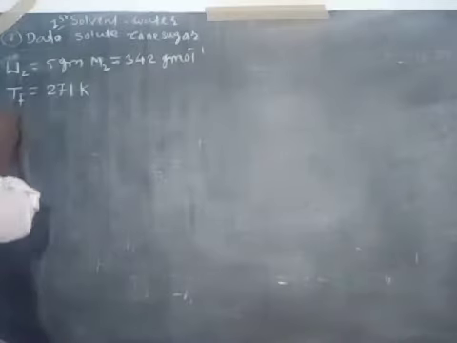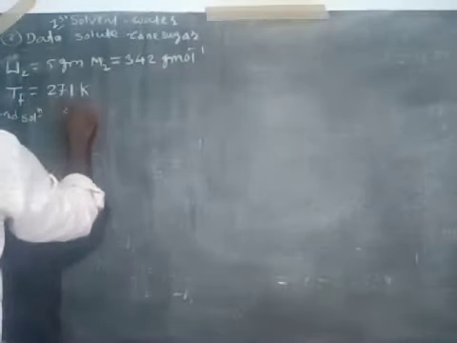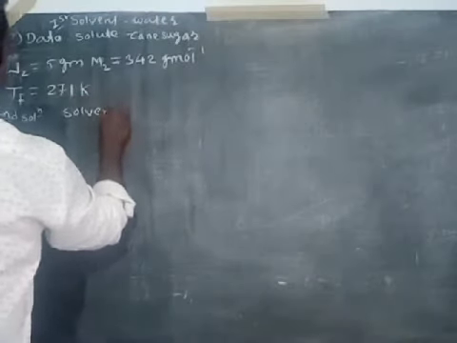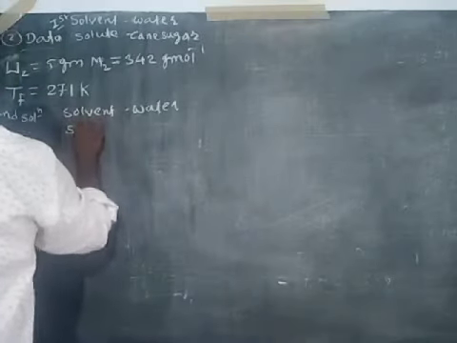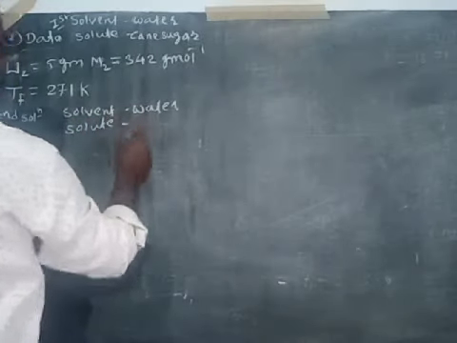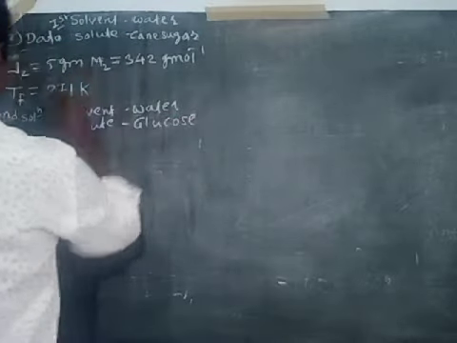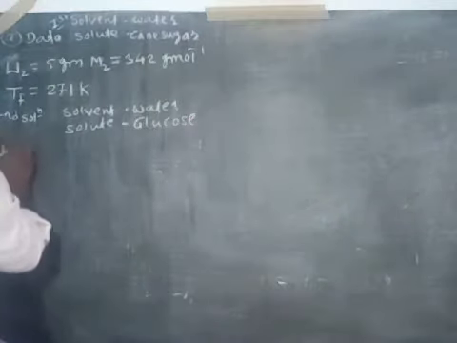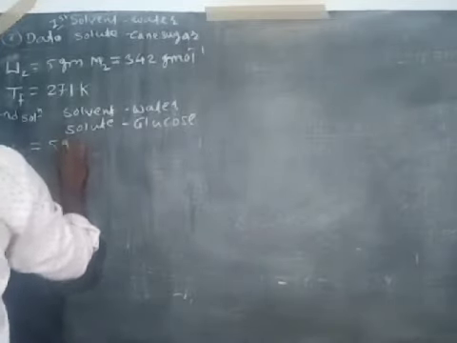Let's go for the second solution. For the second solution, here the solvent is water, same, and the solute is glucose. For this solution it is 5%. That's why again W2 is equal to 5 gram.